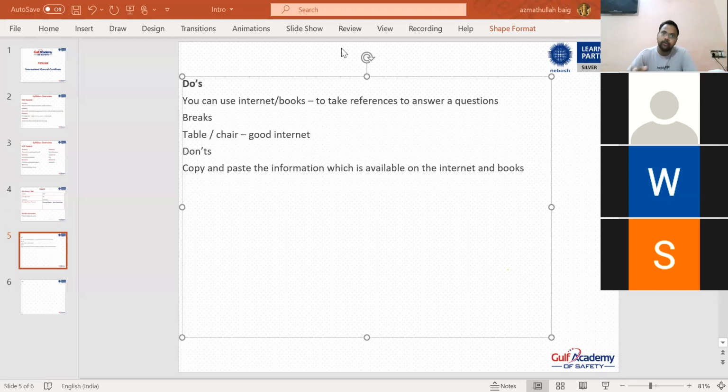Anybody else who attempted previously and is re-attempting it now? Only Fahad. Remaining all, this is their first attempt, if I'm not wrong. So Fahad, we'll do one thing. Once we complete all our 11 elements, we will discuss the 7th April paper. Will that be okay with you?